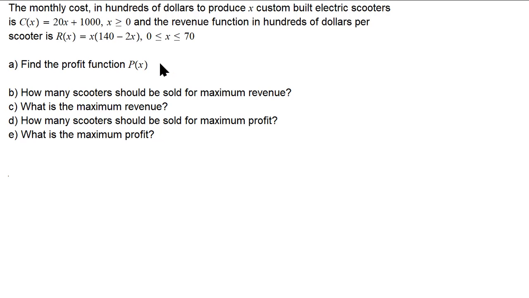So we have to find the profit function. If we denote the profit function by capital P(x), what would the profit function be? It will be the revenue function minus the cost function, which is x times (140 minus 2x), and then minus the cost function, which is 20x plus 1000.